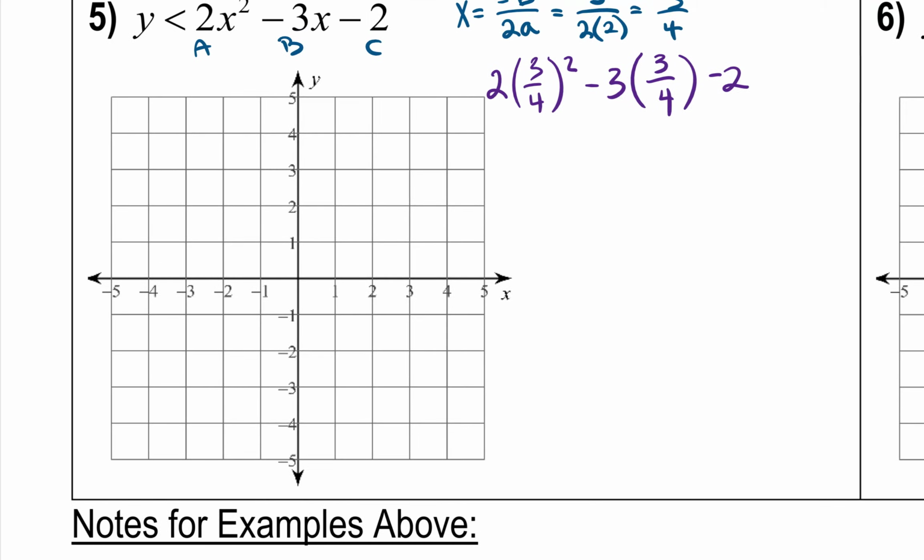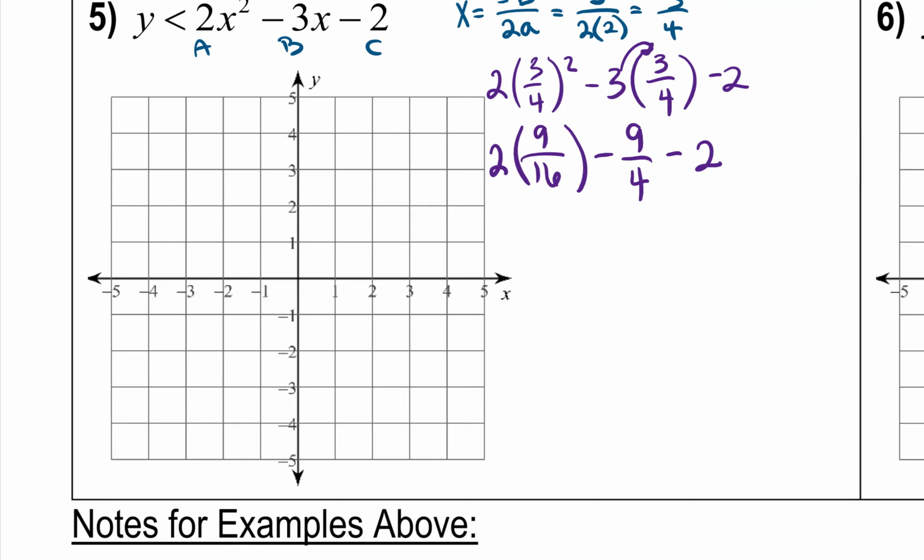So on this first one, I have 2 times 3/4 squared. I just square the top and the bottom. So I have 3 squared is 9, 4 squared is 16. Okay. 3 times 3 is 9, divided by 4, I can't change. And then of course I still have minus 2. Alright.